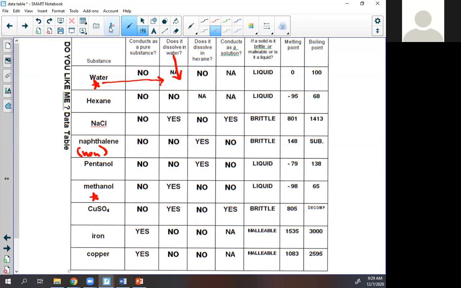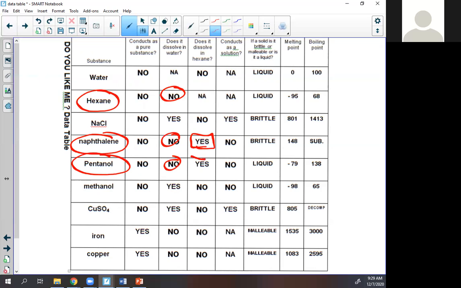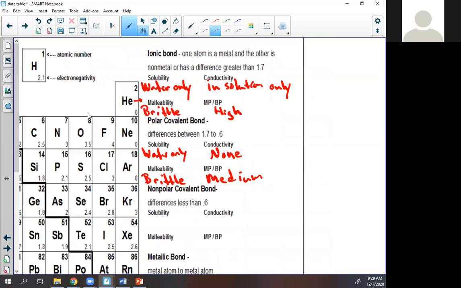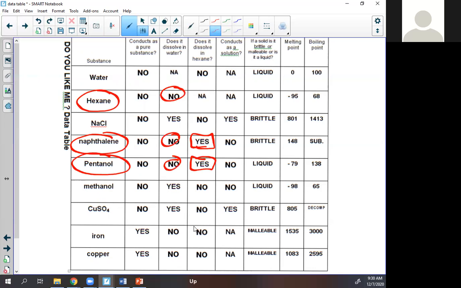Coming back, my nonpolar substances were hexane, naphthalene, and pentanol. Do they dissolve in water? No, no, no. But what do they dissolve in? Hexane. So on this, you'll put hexane only. Checking the data, do they ever conduct?